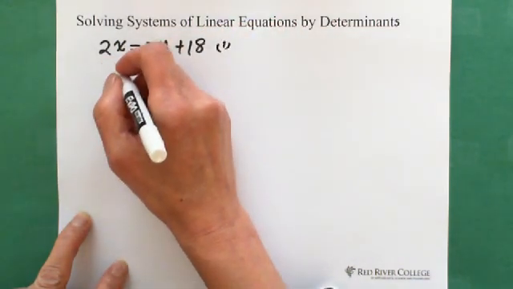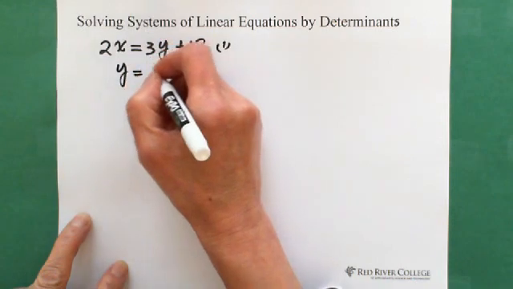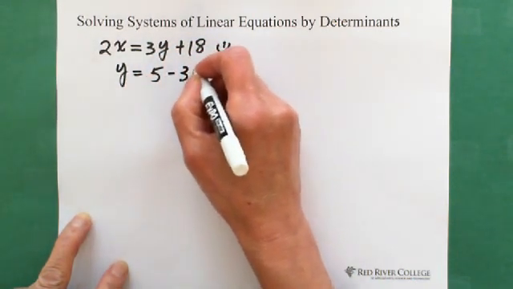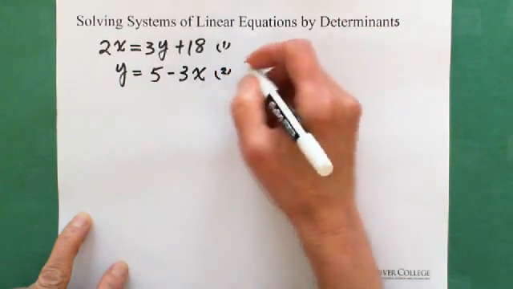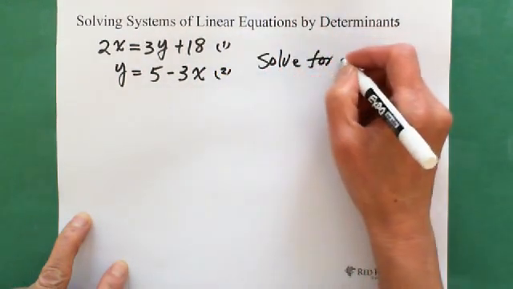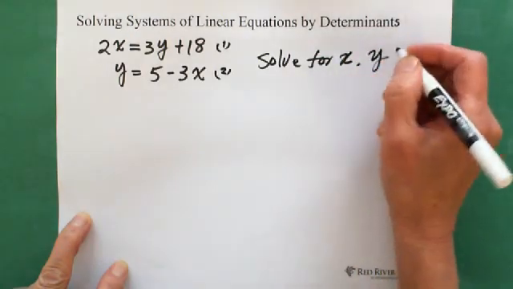The second one is y equals 5 minus 3x. So for x and y.